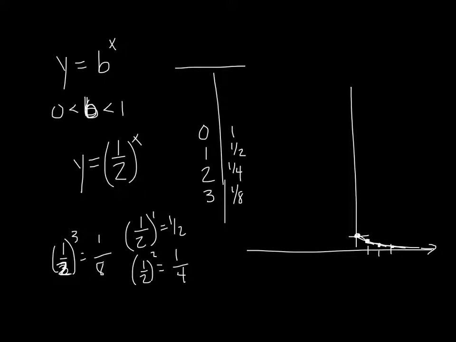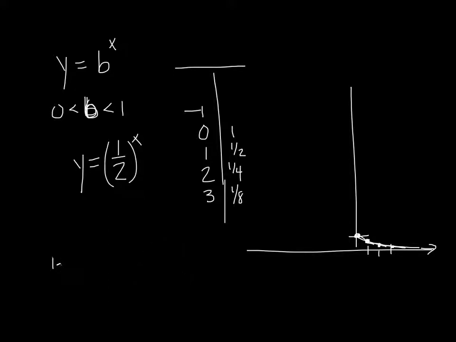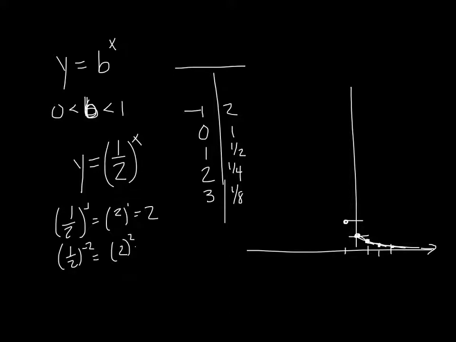But then if I go on to the negative side, now, all of a sudden, remember a negative exponent flips a fraction. So if I have 1/2 to the negative 1, I'm going to flip that fraction over, and now it's to the positive 1. So now I just get 2. And then if I take 1/2 to the negative 2, I flip that fraction over, and now it's to just the positive 2, so I get 4.